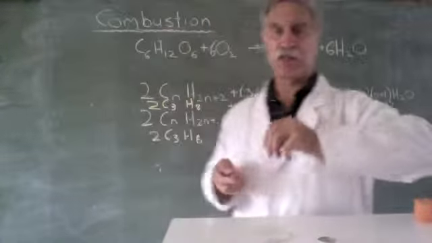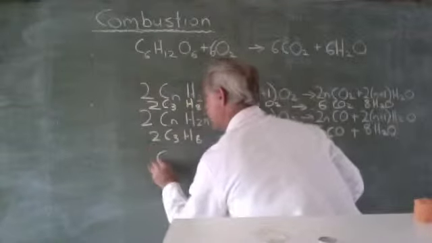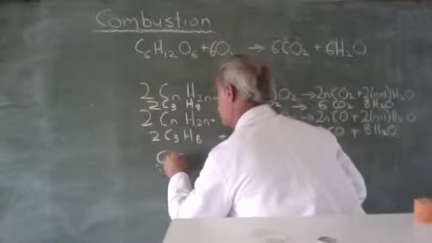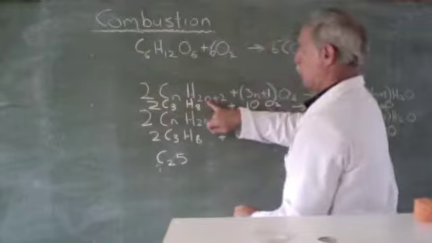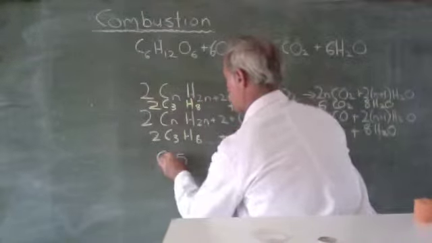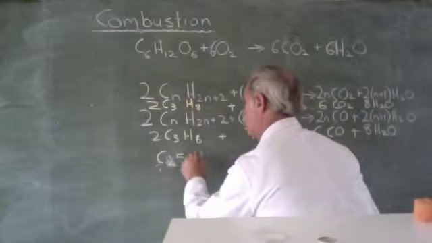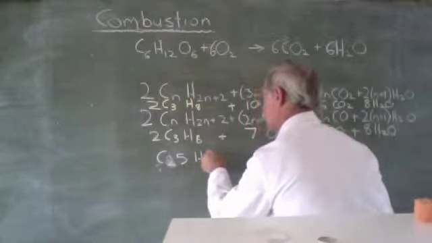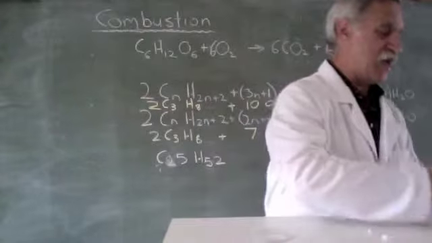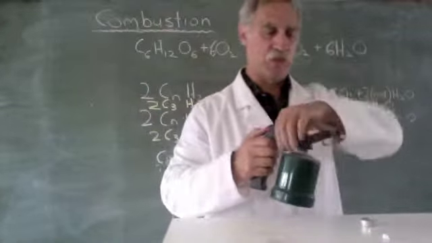Now, paraffin wax has got the formula C25H, which is 2 times 25, which is 50 plus 2, H52. So C25H52 would be paraffin wax. It's in that area. Let's light this.